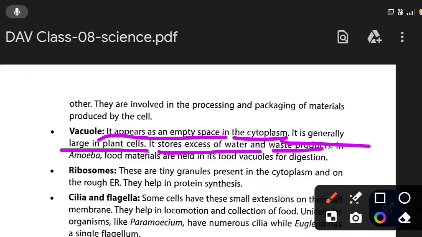That's why these vacuoles help them in packaging or excreting this waste material. Yes, they collect the waste material and they eject them through the leaves, through the outer covering.